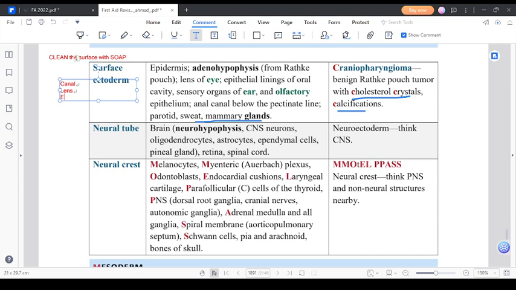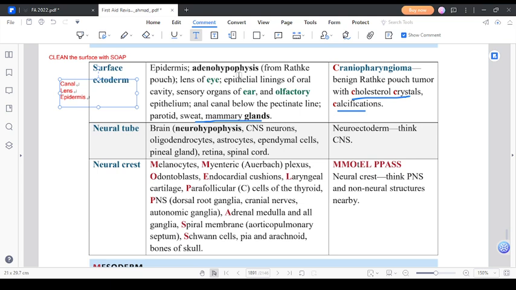Then A is for the adenohypophysis. And then N is for the nipples, or you may call them mammary glands, NIPPLE.